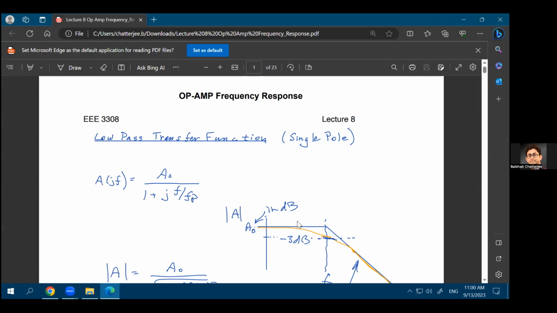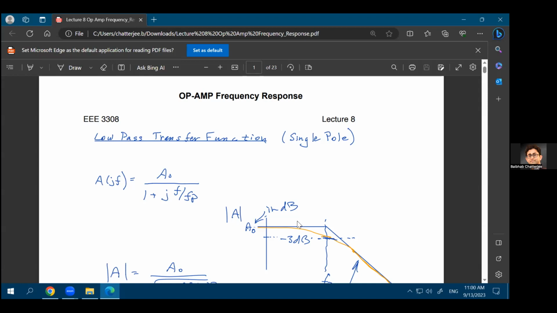You take 20 log base 10 of this factor of 1 upon 10, right? So what is that value? What is log base 10 of 1 upon 10? That is minus 1. So this becomes minus 20. That's why, again, in books you'll see that they say this slope is minus 20 dB per decade.